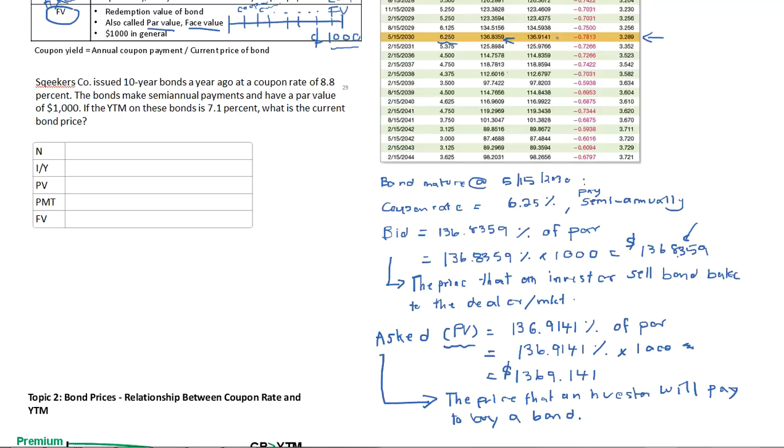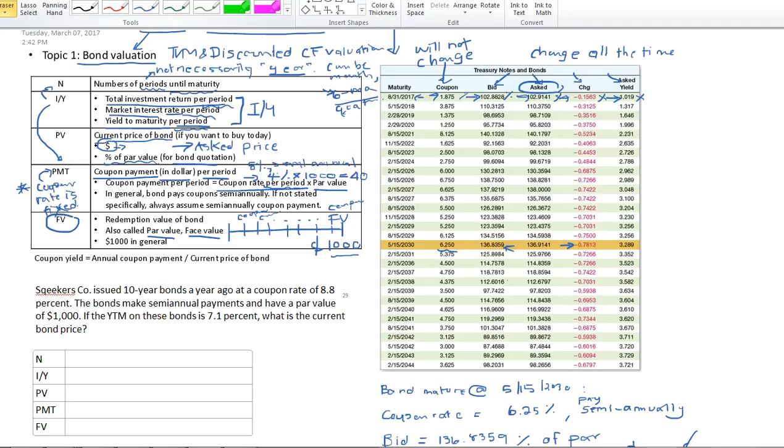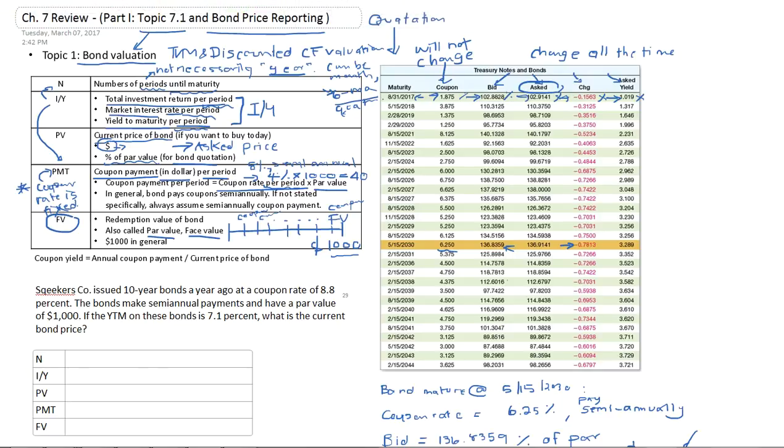Next, you see here, this is change. So what does change mean? Change is again a percent, and this percent shows the change of the ask price. Let me write it here.